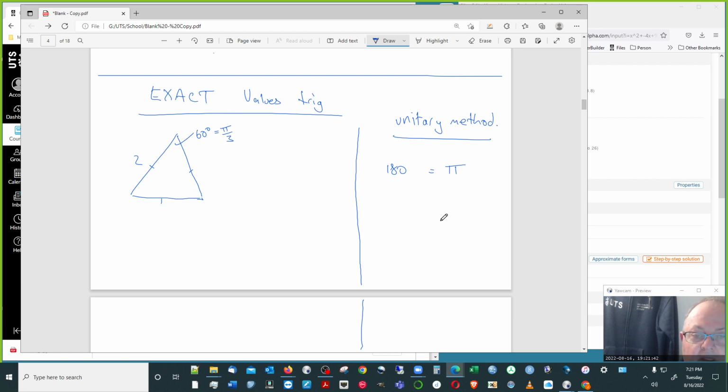So if I want to see what's in 1 degree, I would divide both sides by 180, and that would give me 1 degree is equal to pi on 180. So that's the unitary part.